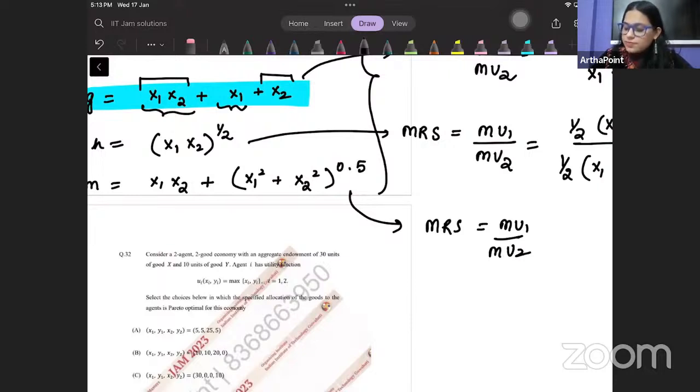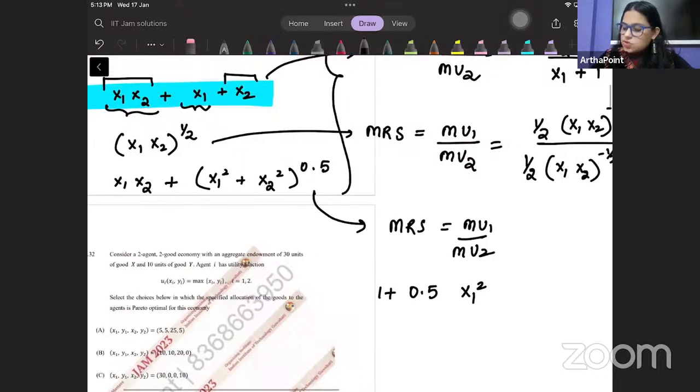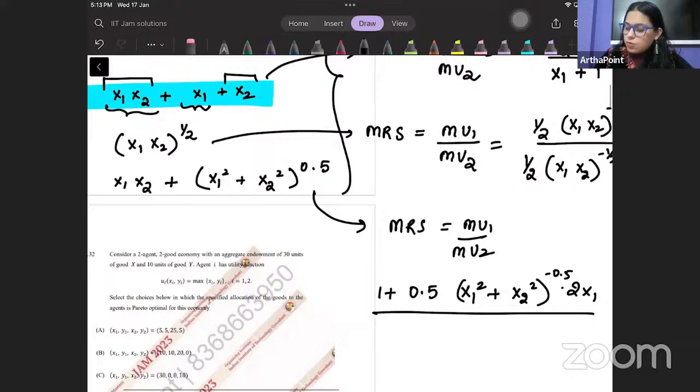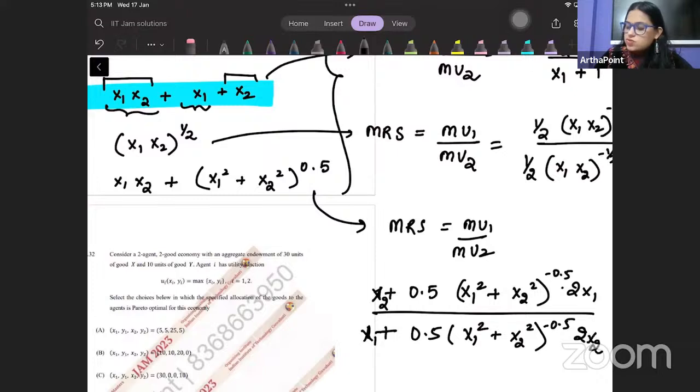Differentiate it with respect to 1, you will get 1 plus 0.5 x1 square plus x2 square to the power minus 0.5 into 2x1, upon x1 plus 0.5 x1 square plus x2 square to the power minus 0.5 into 2x2. These are your MRS that you will be getting in this case.